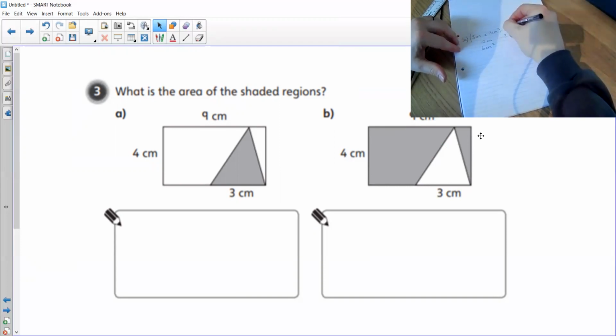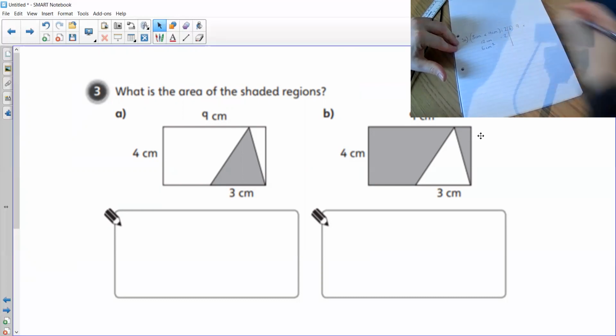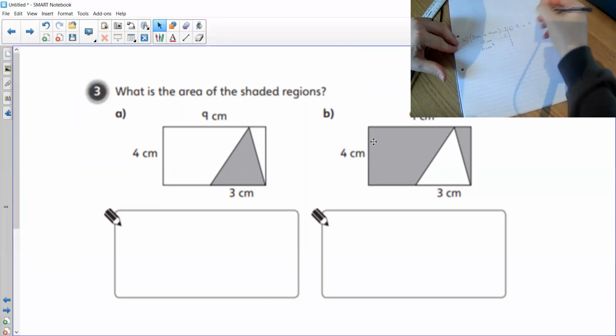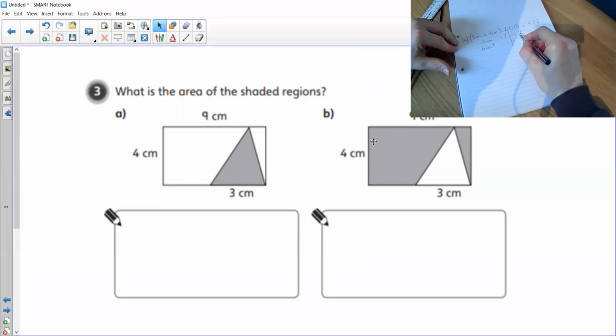If I do B here, that would be 9, and then I'm timesing it by the width, which is 4. 9 times 4 equals 36, and I'm dividing that by 2, aren't I? What's 36 divided by 2? 30 divided by 2 is 15. 6 divided by 2 is 3, so it's 18 centimeters squared.